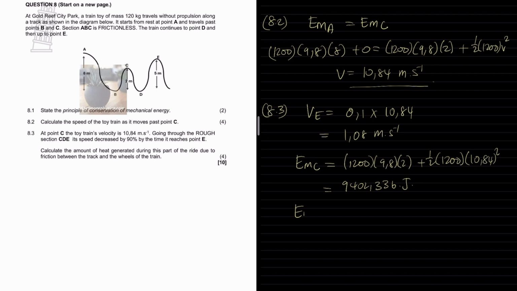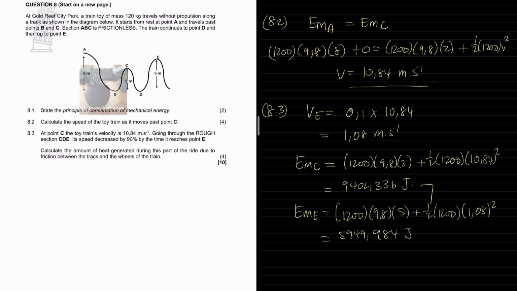Now the mechanical energy at E is going to be 1200 times 9.8 times 5 plus half of 1200, and the velocity at E is 1.08 all squared. That gives me an answer of 5949.984.